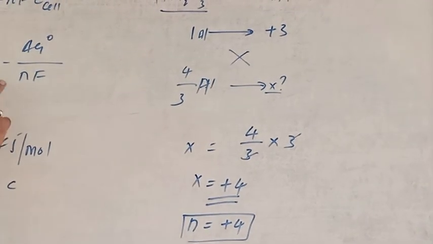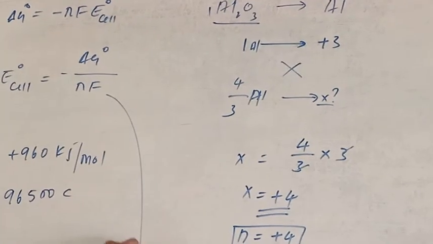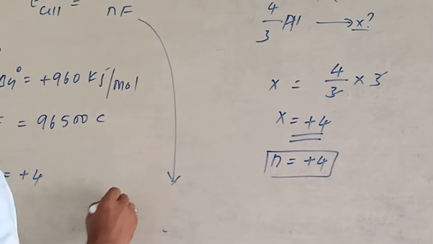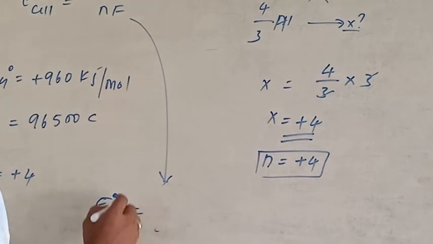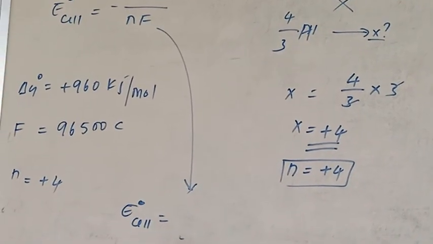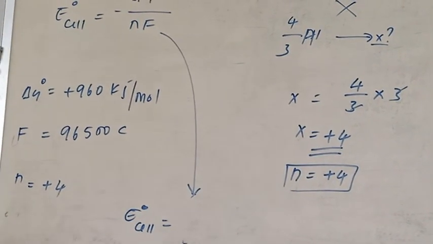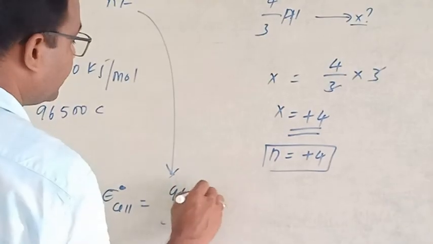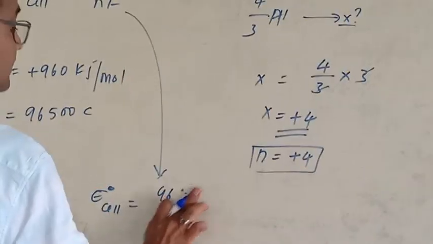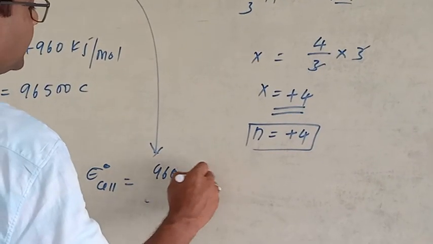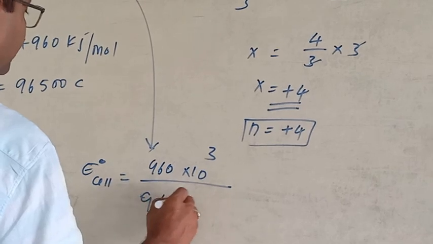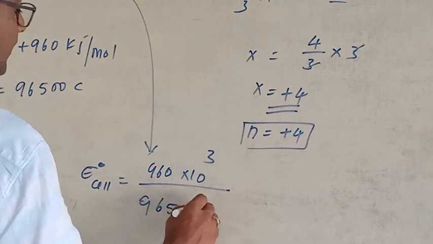Simplify this in this equation. Take this equation out. E naught of cell is equal to delta G naught by nF. Look, this value is given in terms of kilojoules per mole. Please convert kilojoules into joules. That is 960 into 10 power 3, upon 96,500 into 4.